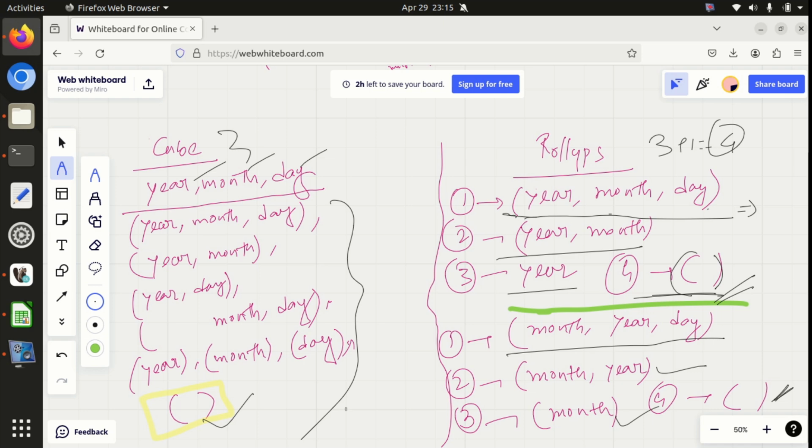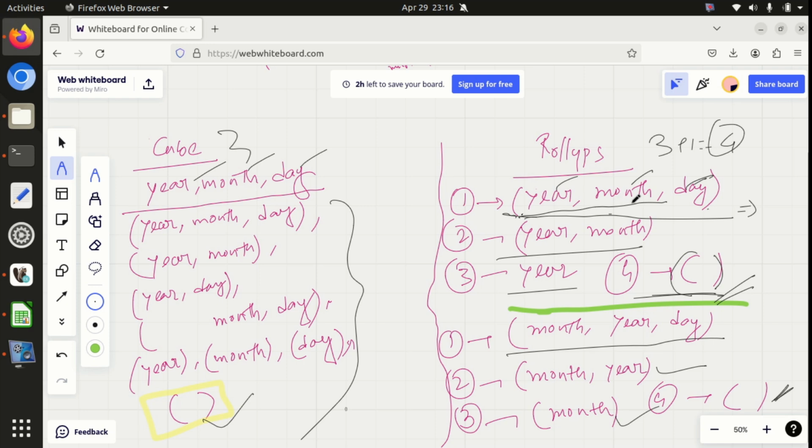Correct? So we can notice one pattern. The pattern is that rollup follows the input order, the order of columns in which they are provided. Like here: year, month, and day. It never breaks the order, it never creates any combination like year and day or month and day, because that breaks the order.